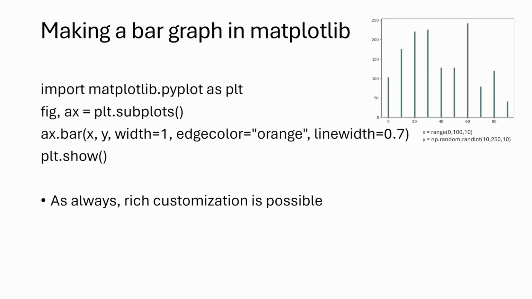Something that is pretty subtle here on the screen, but if you look at the bar chart in the top right, the bars themselves are this sort of navy blue-ish color, and then they do have a slight orange boundary around the outside. So that's what's happening in this edge color equals orange business in the middle.